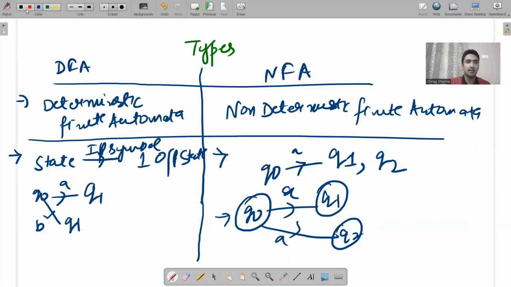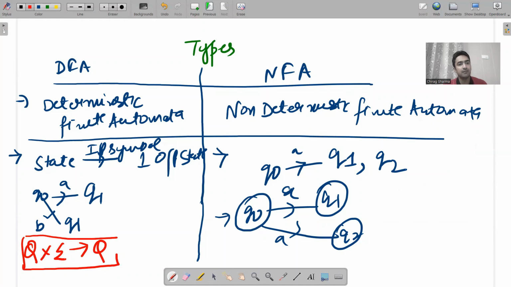So let me write their transition symbols in this way, that any state given any input symbol, any sort of input symbols, it can go to set of states, but it won't give two different answers. But there, this is the difference between NFA and DFA.